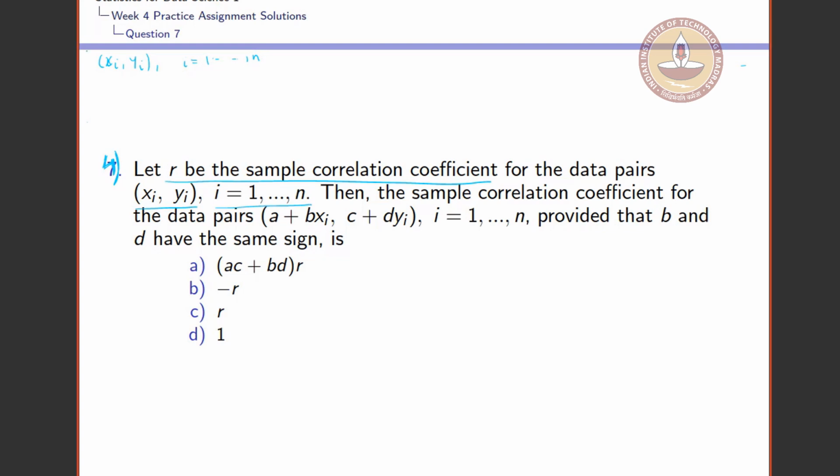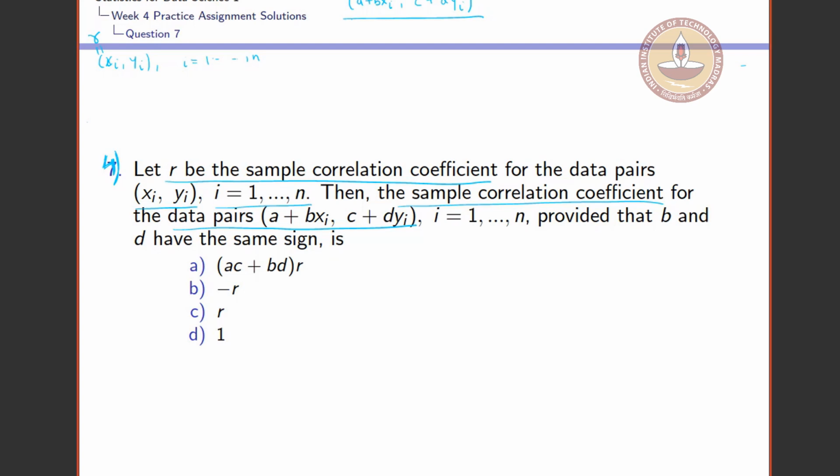And R is given to be the correlation coefficient for these data pairs. Now we have to find out the sample correlation coefficient for the data pair A plus Bxi, C plus Dyi. We have to calculate the correlation coefficient for this set of data pairs.